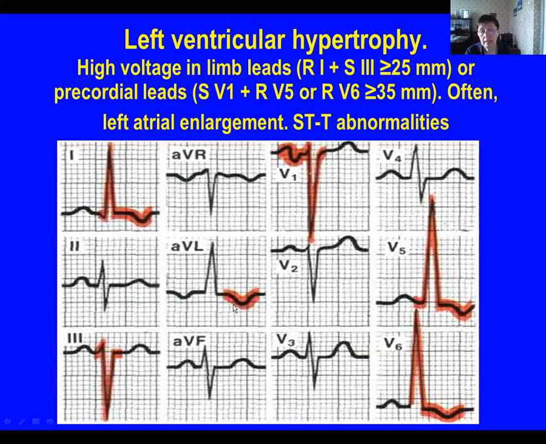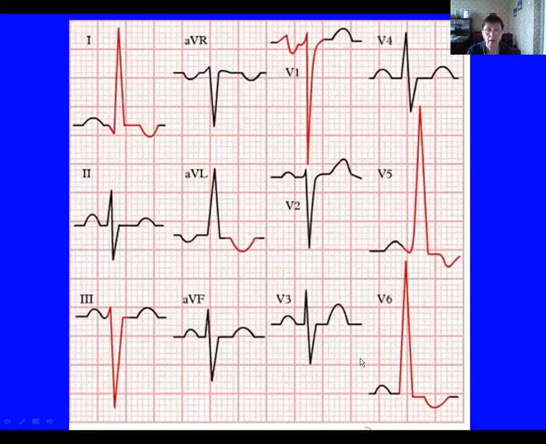We also see negative T waves and depression of ST due to overload of the left ventricle. One more picture of left ventricular hypertrophy with high R in the first lead, V5, V6, with depression of ST and negative T.